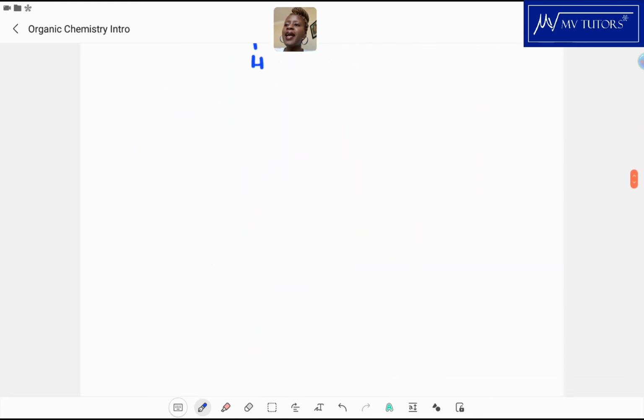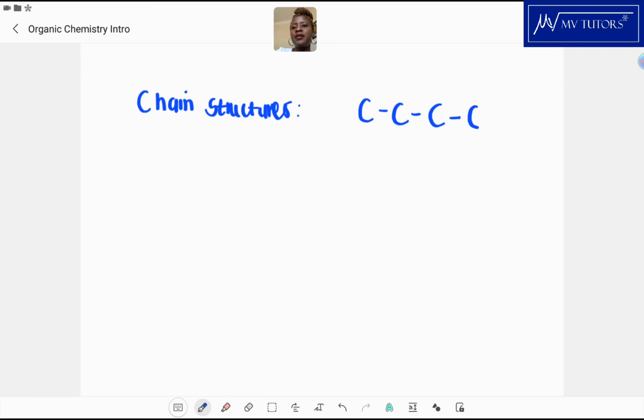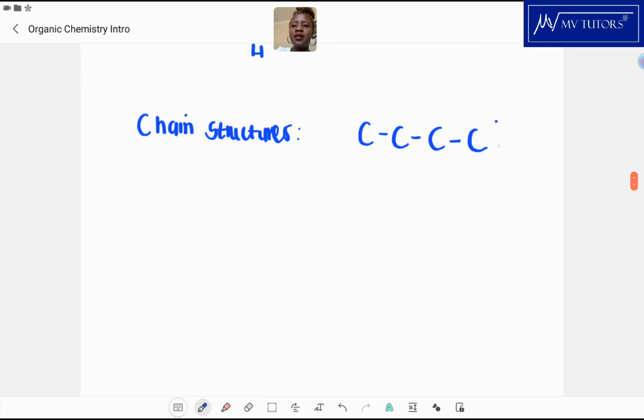Through catenation, you can get 3 kinds of structures. You can get chain structures, where you have carbon bonded to another carbon and another carbon and so forth.